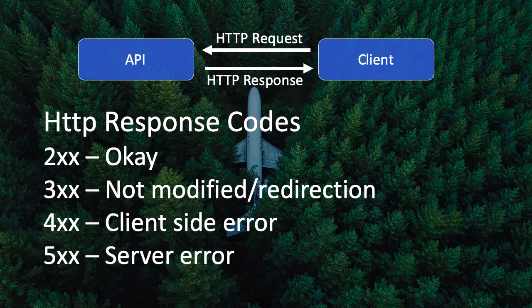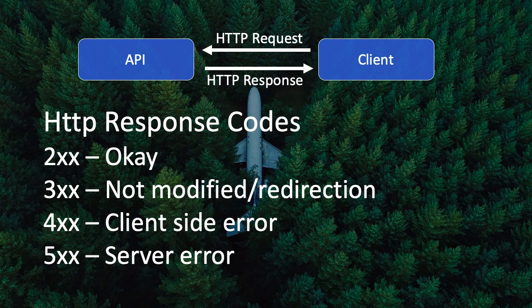And if we take a look at the HTTP response codes, then we have 200 type responses. Anything in the 200 range is considered an OK response. A 300 type response would mean that the request has not been modified or it's some kind of redirection. Anything in the 400 range is considered a client-side error, which means that the client's attempted to ask for something that doesn't exist, in which case we'd send back a 404 not found.